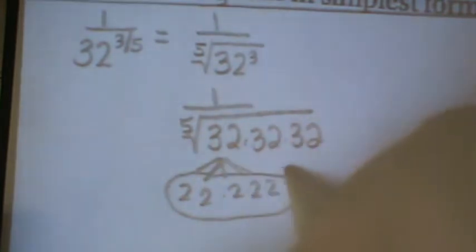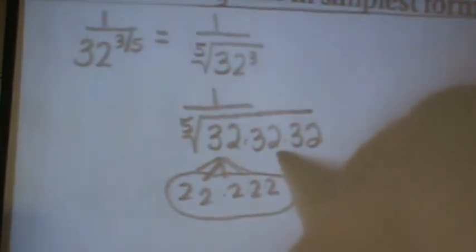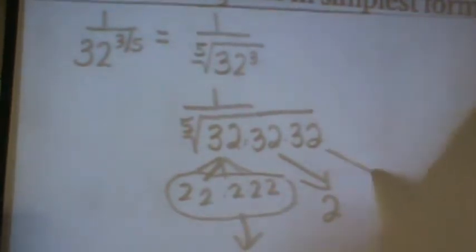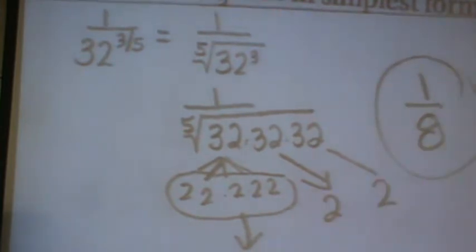This consists of 5 2s. And what are we looking for? How many of a kind? 5 of a kind. There you go, you got it. So this is going to result in another 2. This is a 2, and this is a 2. It's 1/8. You got it.